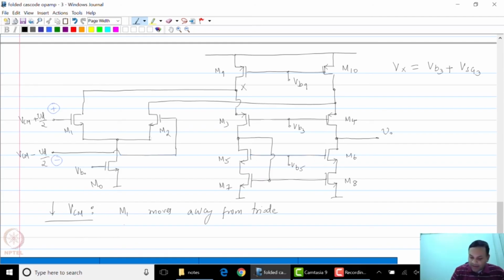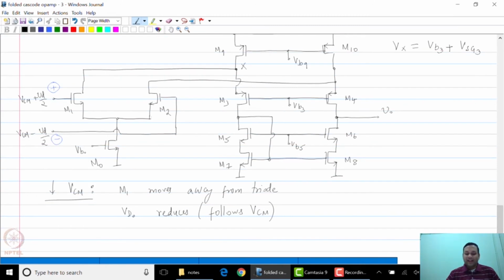Therefore, what will happen? The drain node of M0, so I'll call that VD0, reduces and it follows VCM with a difference of VGS1. So when you try to reduce VCM, the input common mode voltage, VD0 reduces, which is the drain voltage of M0. So M0 clearly goes towards the triode region.